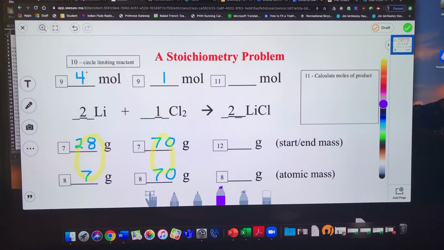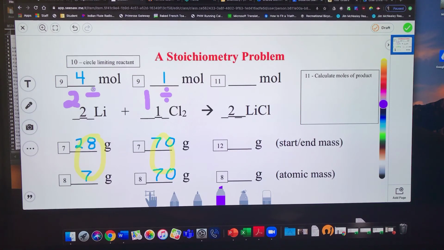All I do for step number 10 is compare this number 4 and this number 2, and I divide that. So 4 divided by 2 is 2. 1 divided by 1 is 1. I'm just doing divide here, okay?